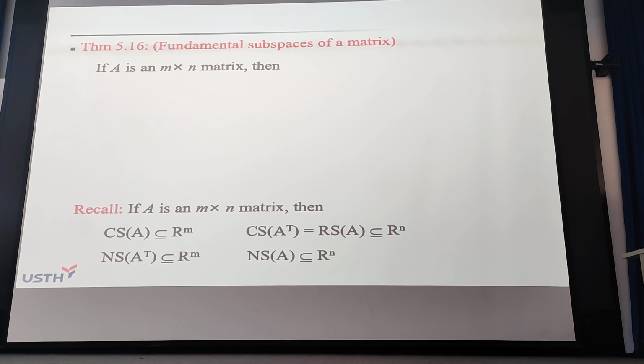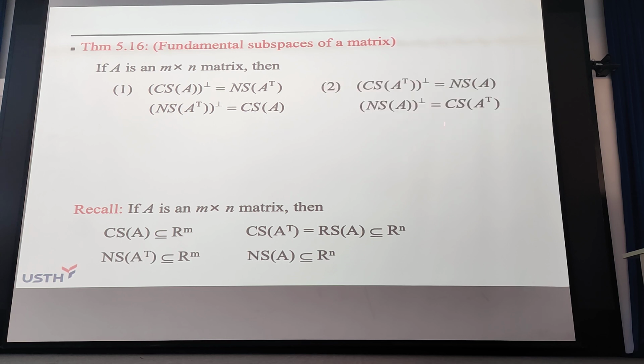Then I claim that those subspaces are orthogonal complements of each other as follows. If you consider the column space and you take its orthogonal complement, you will get the left null space. And once again, the null space of A transpose, or the left null space, has orthogonal complement the column space.